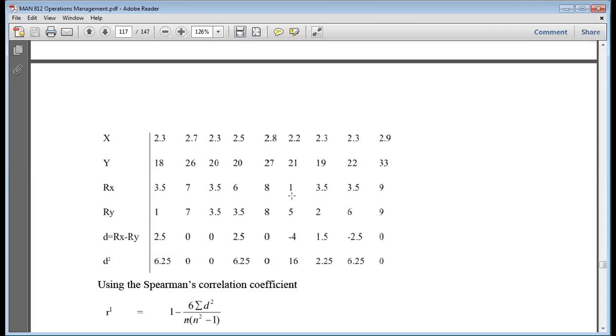Do you know why it will be 1? Because all these ones have occupied it. I didn't mean that it's only this one that is 2.3. Because the 5, you rank it as what? 5. Then the next one, this one is 2.1, 2.2. You rank this one as 5.